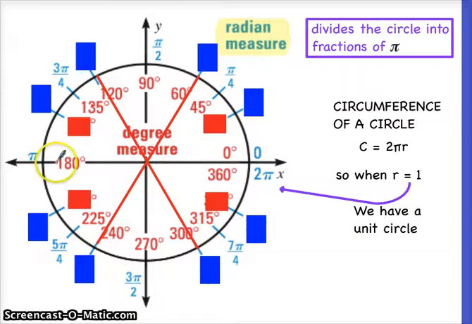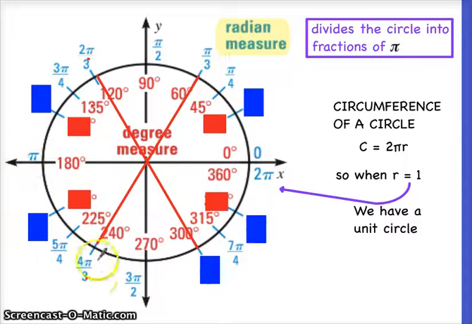Well, remember, half of that circle is pi units, or pi radians. So you've chopped the top half of the circle into 3 parts, which is why 60 degrees is essentially pi over 3. Go 2 of those units, you've got 2 pi over 3. Do it again, you've got 3 pi over 3, then 4 pi over 3, and 5 pi over 3. Again, 6 over 3 being 2 full pi, or a full circle.